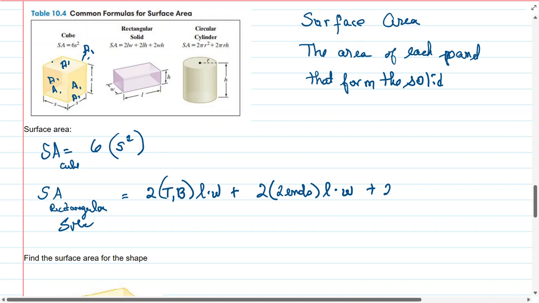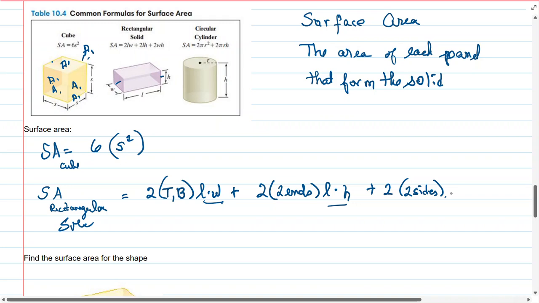Okay, so that would give us 2LW plus 2LH plus 2WH, because that would be the width times height. Sorry about that. So we've got them all.